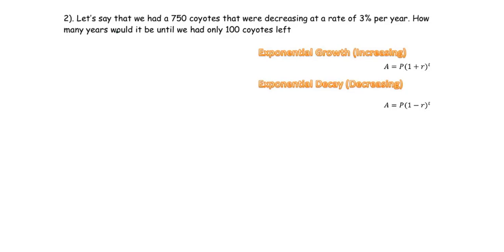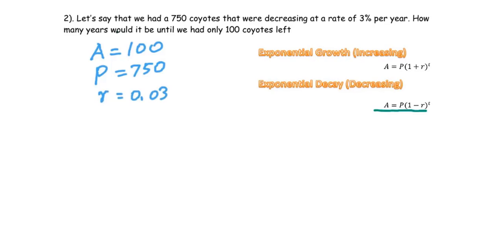This time we have to use the exponential decay formula. We are given A equals 100, P equals 750, R equals 0.03. We're looking for T.